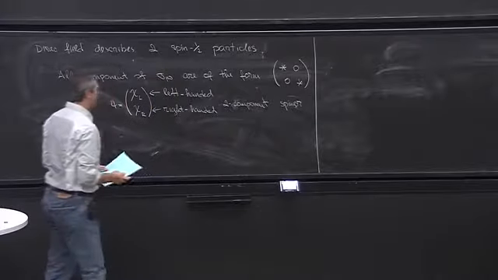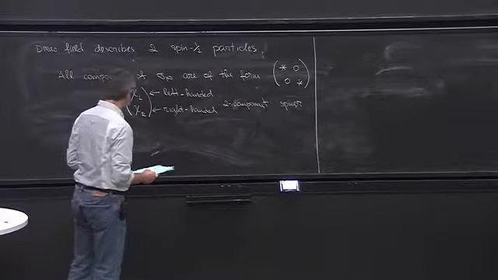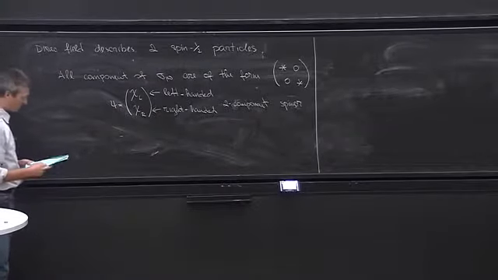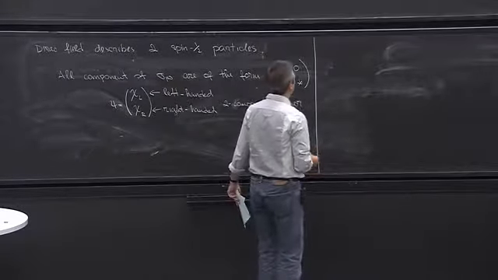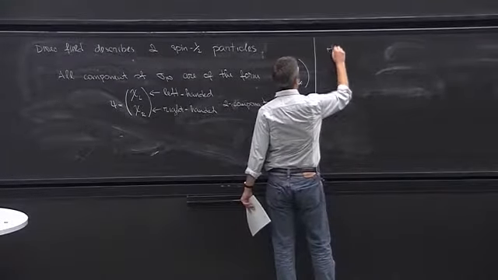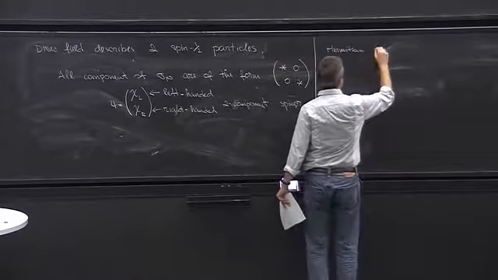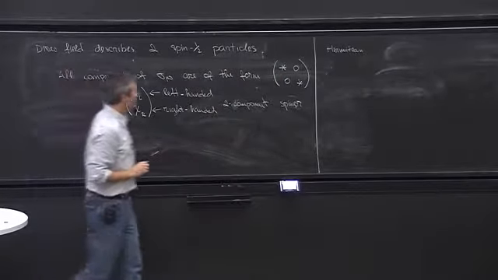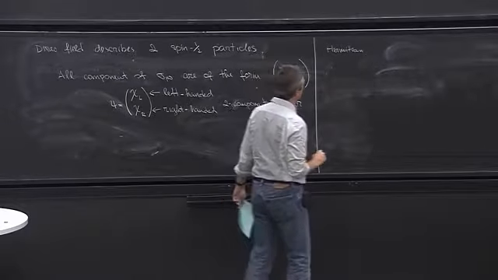Okay, so this is so far how the spinors transform under Lorentz transformations. Now, another question that we will need to answer is how to take a Hermitian conjugation of the spinor. And it turns out that the Hermitian conjugation is not so useful for spinors.